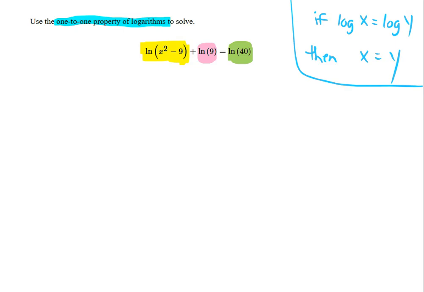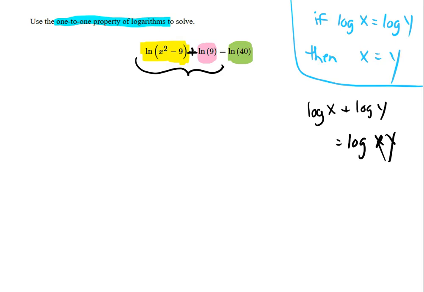Since these two are together on the same side and they're being added, you could use that log rule that says if you have the log of x plus the log of y, that'll equal the log of x times y.